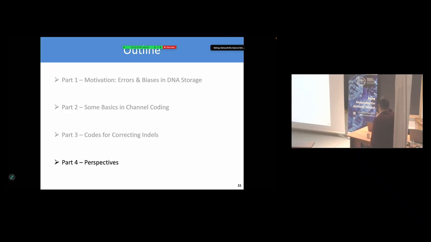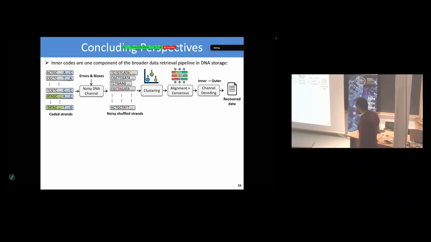Okay, so I will conclude with some perspectives. The channel coding and the GC plus code and whatever I discussed today is part of the bigger picture. The decoding pipeline in general, after you get your noisy data, involves clustering, alignment and consensus, and then channel decoding. We will hear more about clustering, alignment and consensus tomorrow with Dominique.